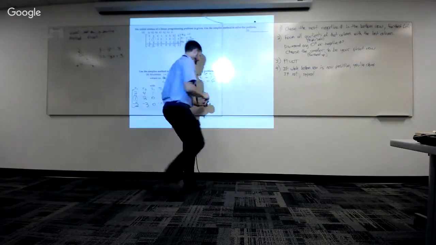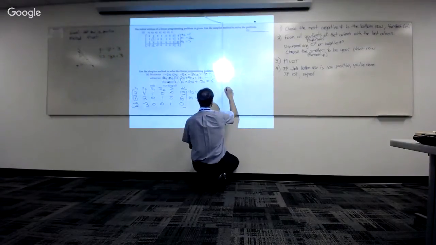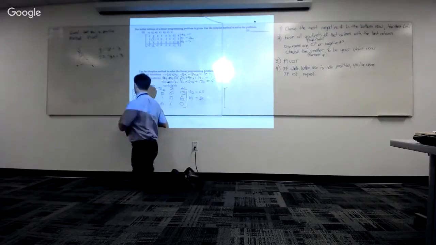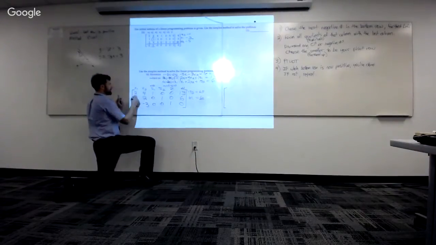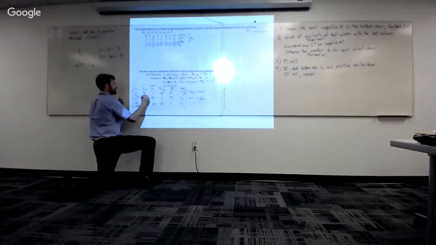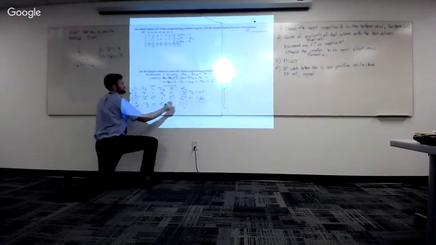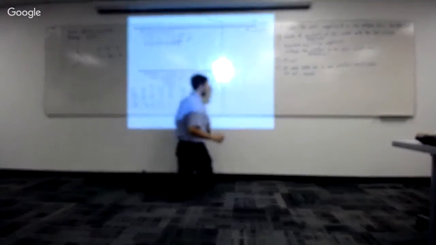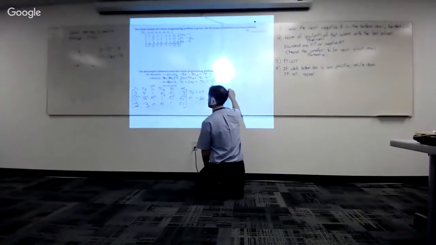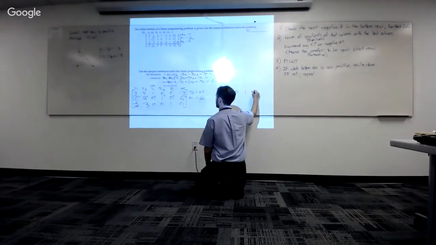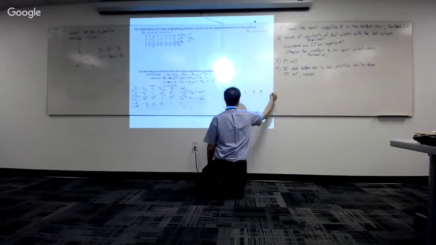So I'm going to start keeping track of my final answer over here. And I better write in all those numbers. So first I'll multiply all the way through by negative 2. I'm going to write in that answer. Add that into the top. So 0, 0, 1, 2, 0, and 1.